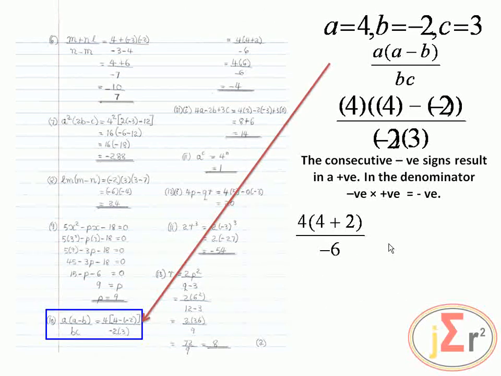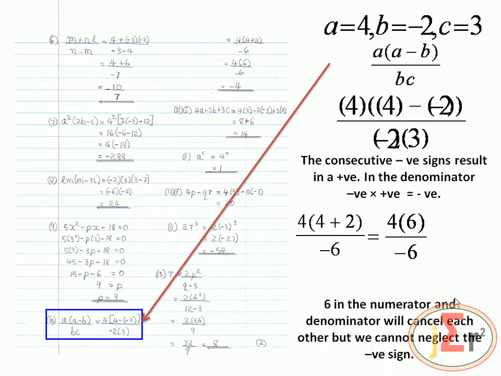And what do we know next? 4 plus 2 is equal to 6, and 4 over negative 6. 6 in the numerator and 6 is also in the denominator, and those will cancel each other, but we cannot neglect the negative sign. So these 6's will cancel each other, but we cannot neglect the negative sign. The result is therefore negative 4.